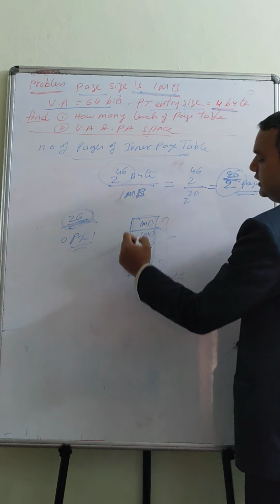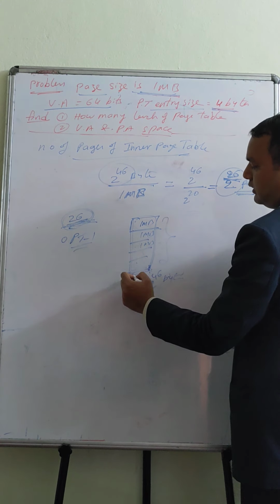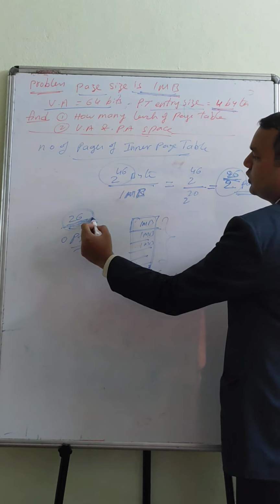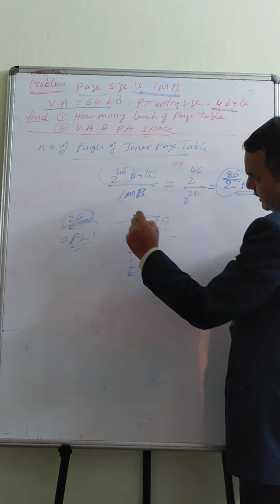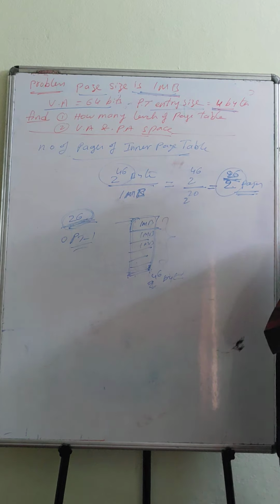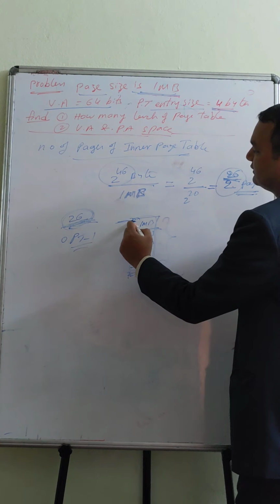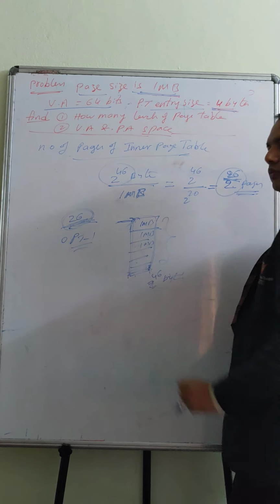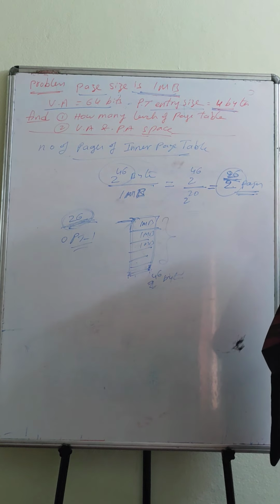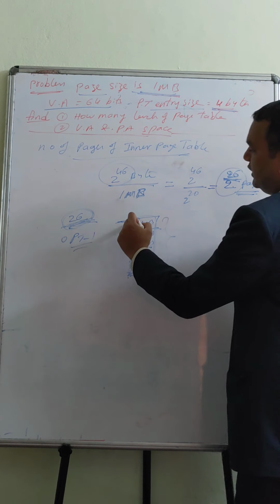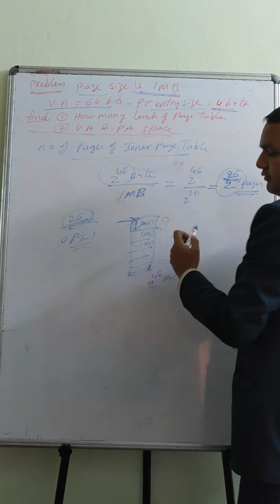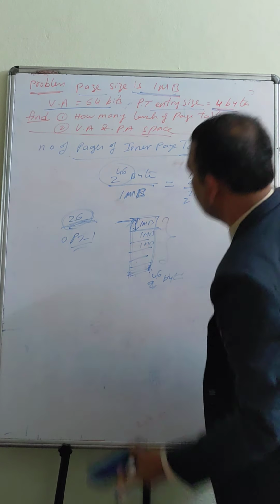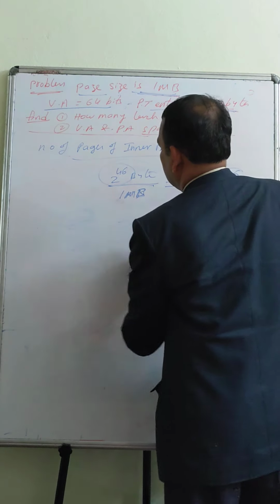To reach one of the locations we need 26 bits. After reaching here, how many bits do we need for 1 MB? Now we need to find the offset. We'll find the offset after reaching the inner table.